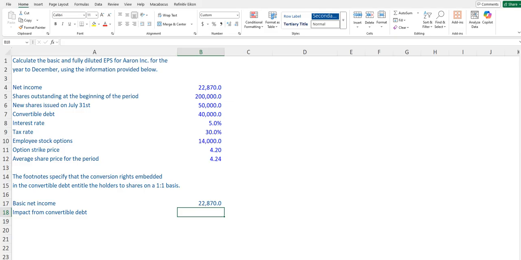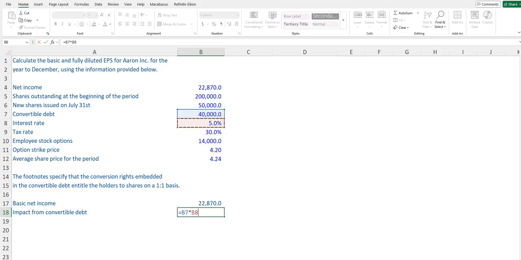But anyway, if they convert the debt, then we avoid the payment of interest, which is the coupon, and we will add it back. But before we add it back, we still have to pay the tax, so we will deduct the tax expense for that amount of money that we just added back. So here's the convertible debt, 40,000, and then we multiply by the interest rate.